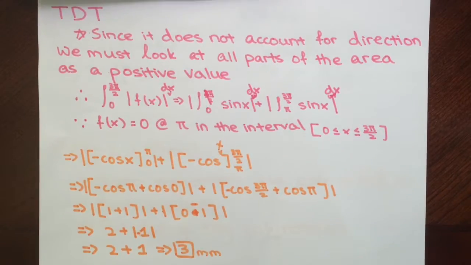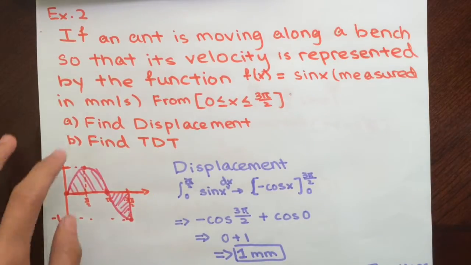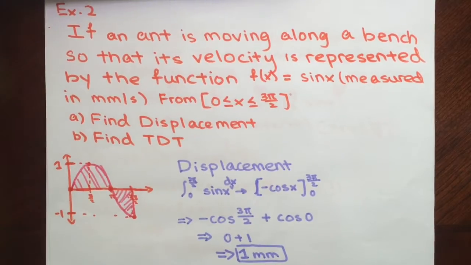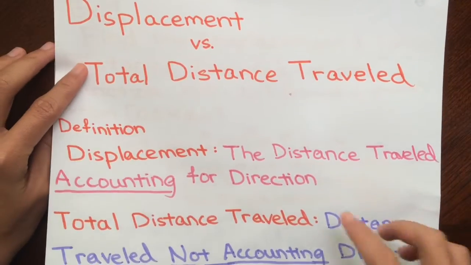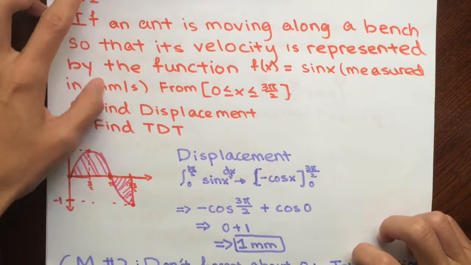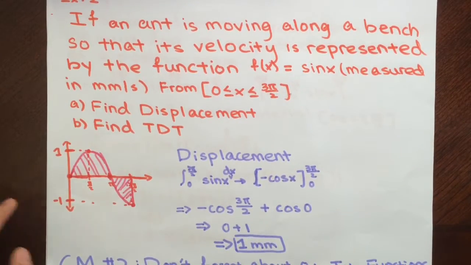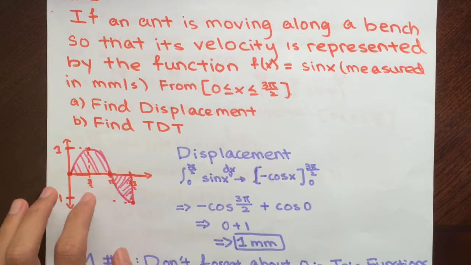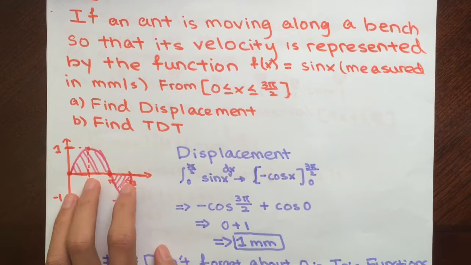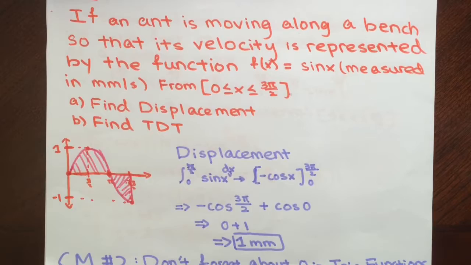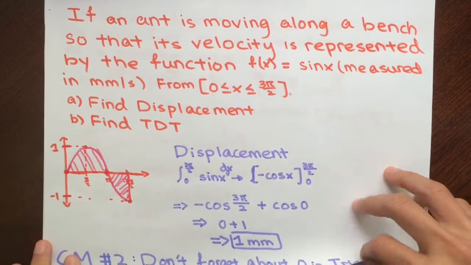With these problems, we can think of an ant moving to the right if it's positive, moving to the left if it's negative. For displacement, which is the distance traveled accounting for direction, the ant is moving 2 millimeters to the right here, and then 1 millimeter to the left over here, which is a total of 1 millimeter, the answer down here.